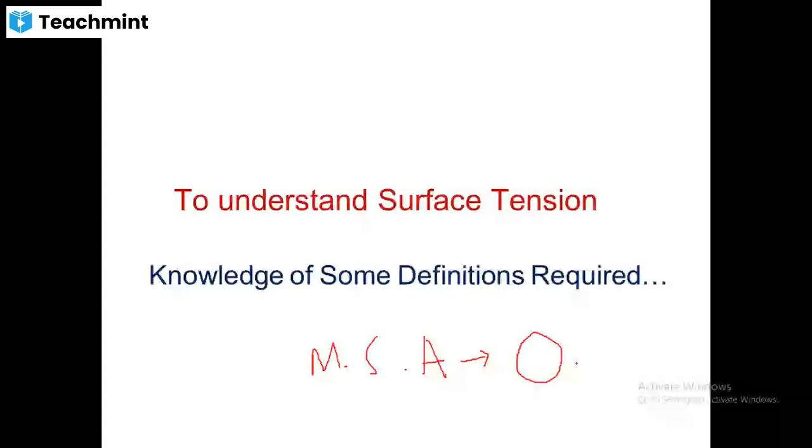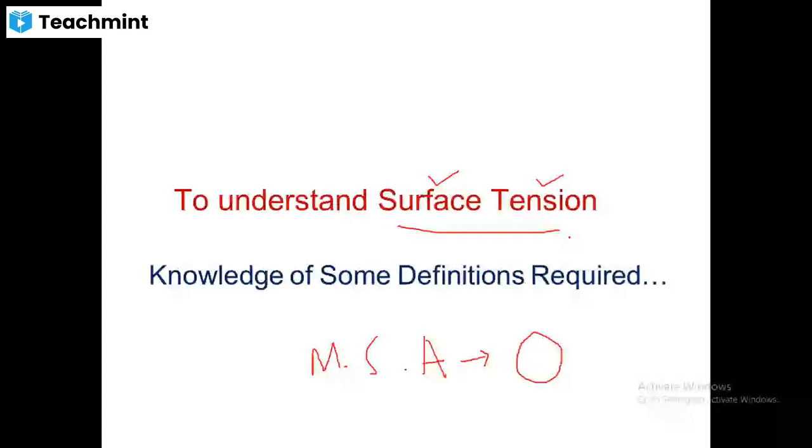So, in simple terms, how do we define surface tension? Look at this word, surface tension. What is surface? We're all familiar with the surface, the upper layer of a liquid. What is tension? Tension means some pressure, some force, right? So what is pressure?